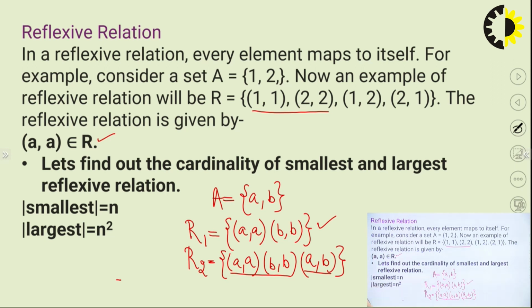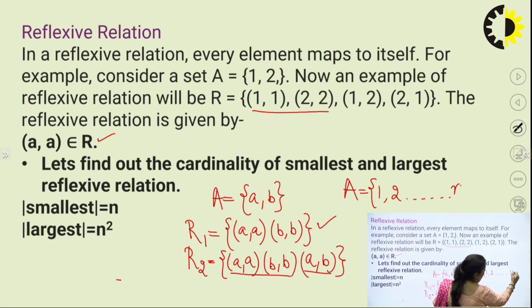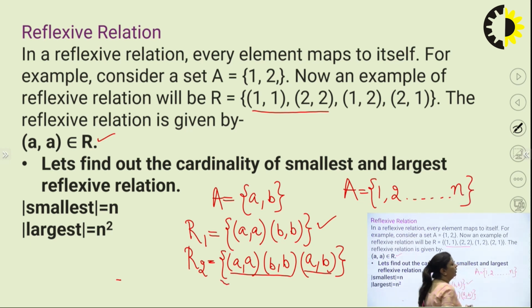So now if we just want to know the cardinality of the smallest and largest reflexive relation which is possible. Talking about the smallest reflexive relation possible, whenever we are talking about a reflexive relation, it must have at least the diagonal elements, that is, minimum we need to have the diagonal elements. So if I have a set A which contains 1, 2 up to n, how many diagonal elements will be there?